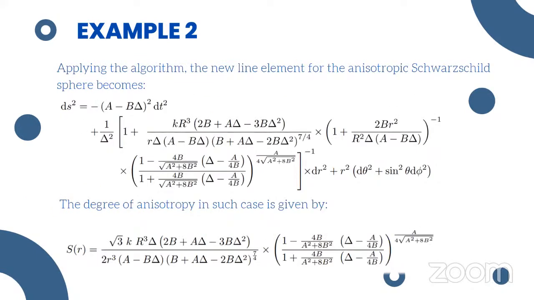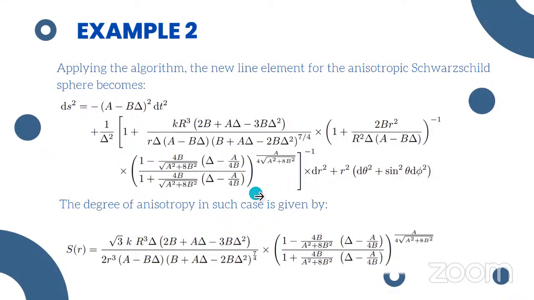Now, again applying the algorithm on that previous line element, we get a new line element for the anisotropic Schwarzschild sphere. This big equation that you can see is the line element of that anisotropic Schwarzschild sphere.